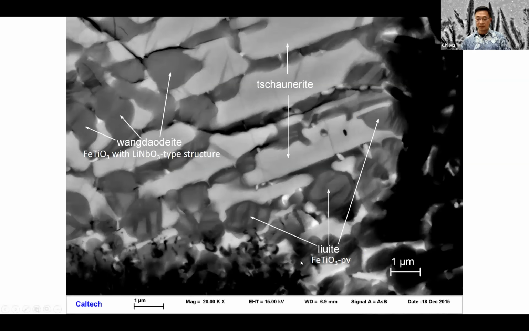Leweite occurs here, at micron and submicron grains, along with schornite and one-dot-deite. So leweite is Fe₃TiO₄ with a perovskite structure, whereas one-dot-deite is Fe₃TiO₄ with this lithium niobium oxide type structure.